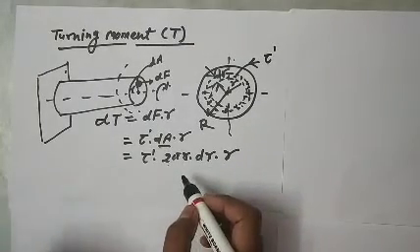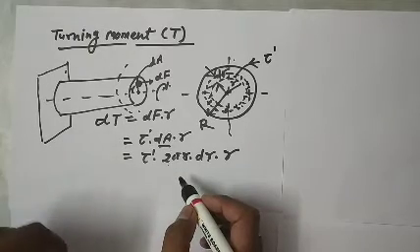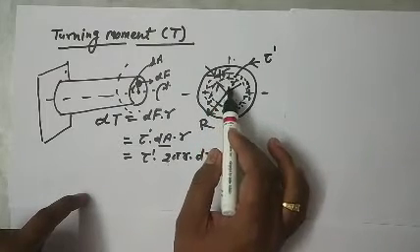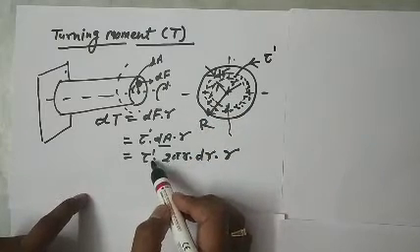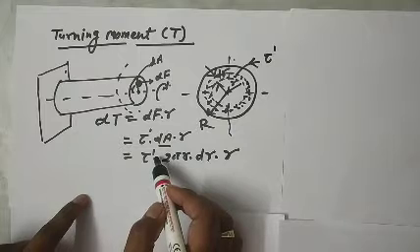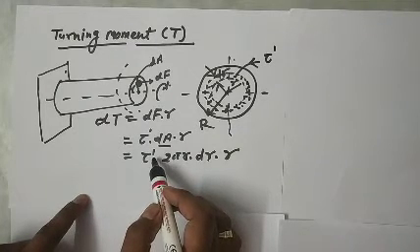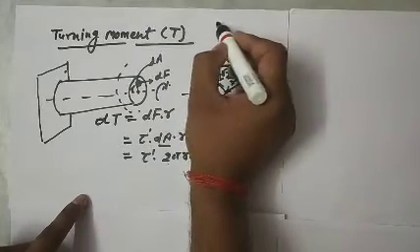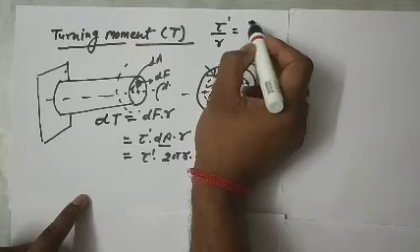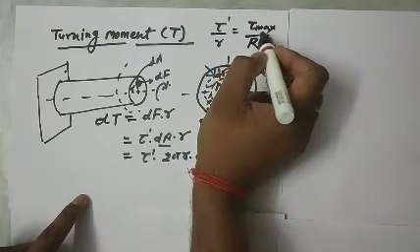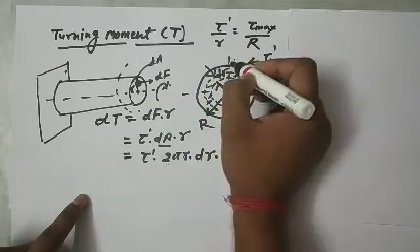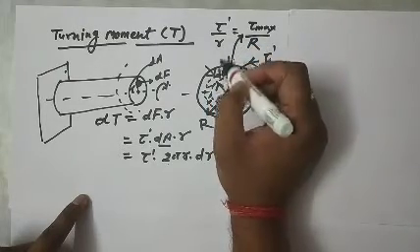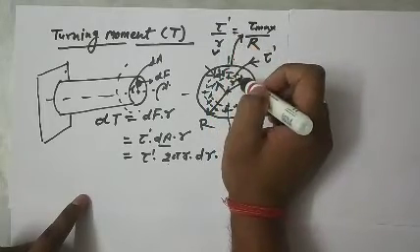Now in the previous section for BB dash we made a relation that for a fiber of the shaft at a distance r, if the shear stress developed is tau dash, then tau dash by r equals tau max by capital R, because tau upon r bears a constant ratio, where tau max is the shear stress at the outer periphery of the shaft, and capital R is the radius of the shaft. Here the elemental radius for the ring is r and the shear stress developed at the ring is tau dash.